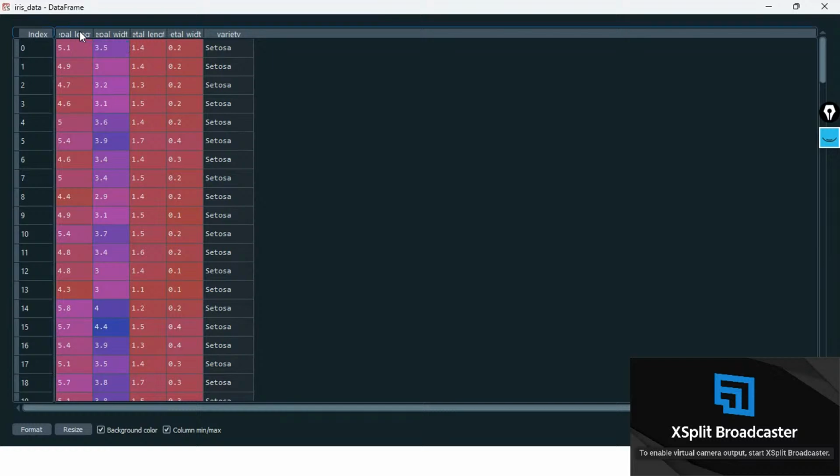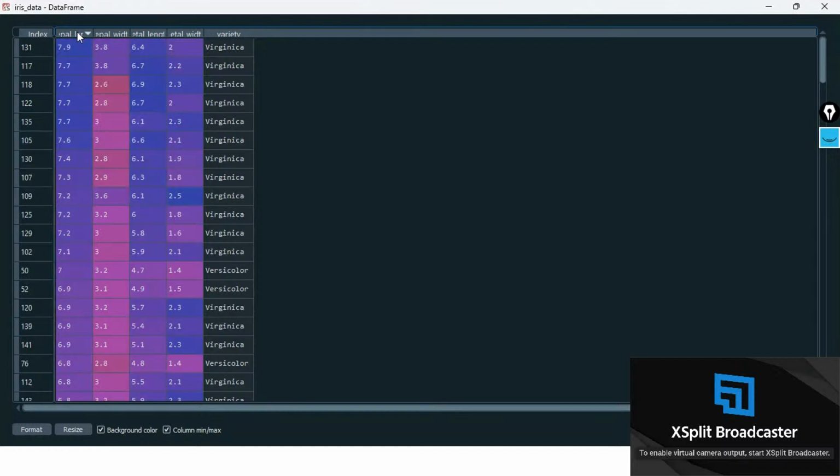I'll click on it once. It is arranged in ascending order. Now I'll double click one more time. It will arrange in descending order. Is it clear now? 7.9 is the maximum value in sepal length column.